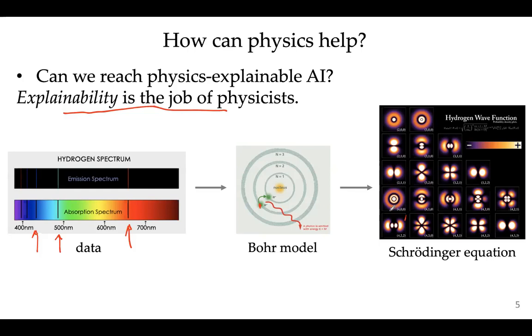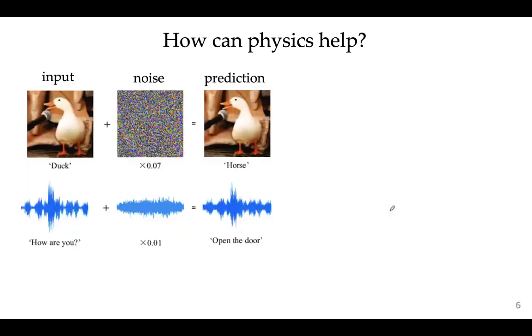So the question here is, can physics help machine learning in terms of explainability? One of the problems of machine learning is that the models are highly susceptible to noise.